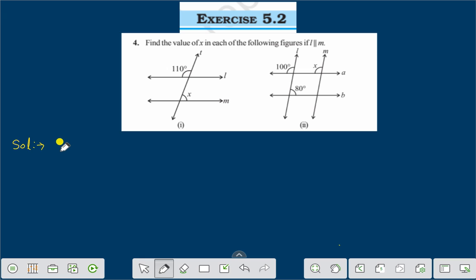Here you see it is given that L is parallel to M, and T is the transversal.